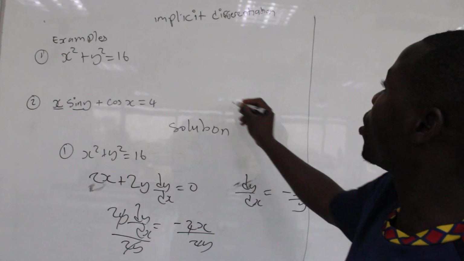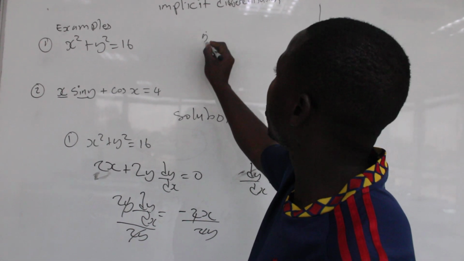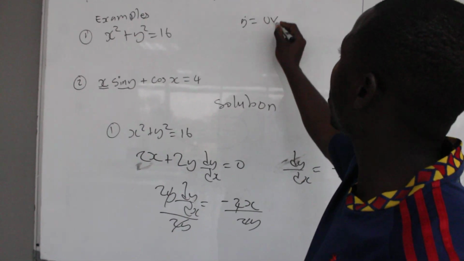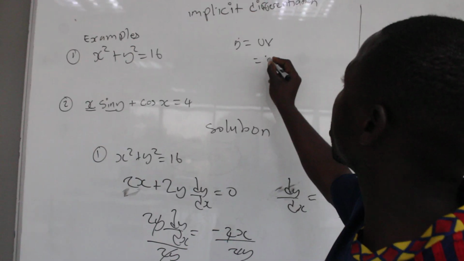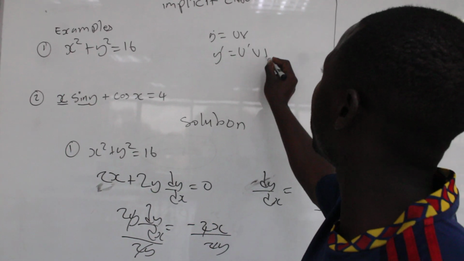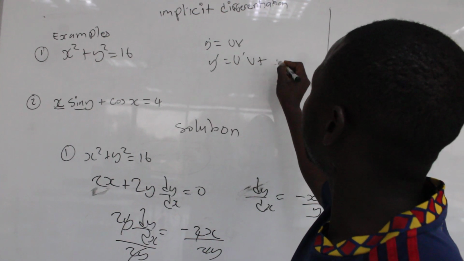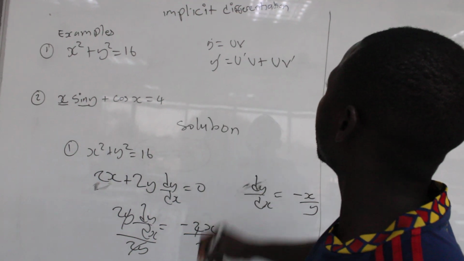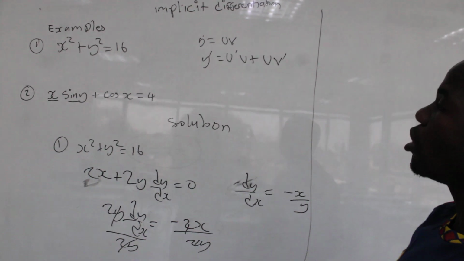You know the product rule: for example, if you have y equals u times v, to differentiate this, y prime is u prime v plus u v prime. So that's what I'm going to do.